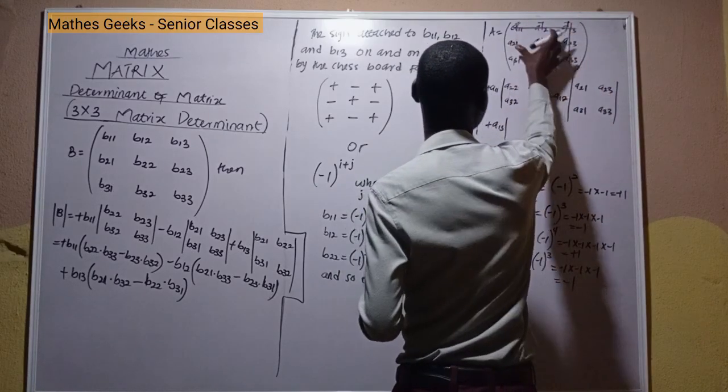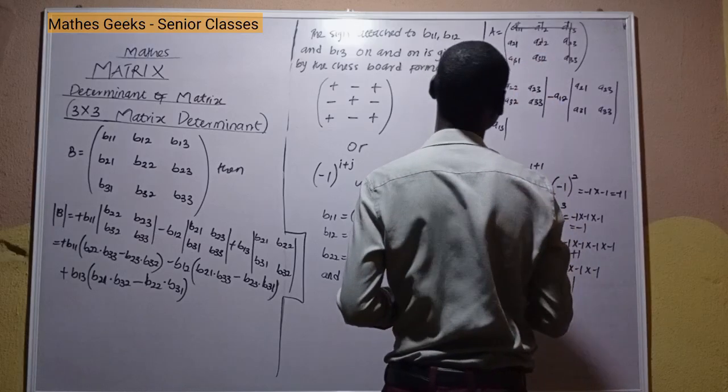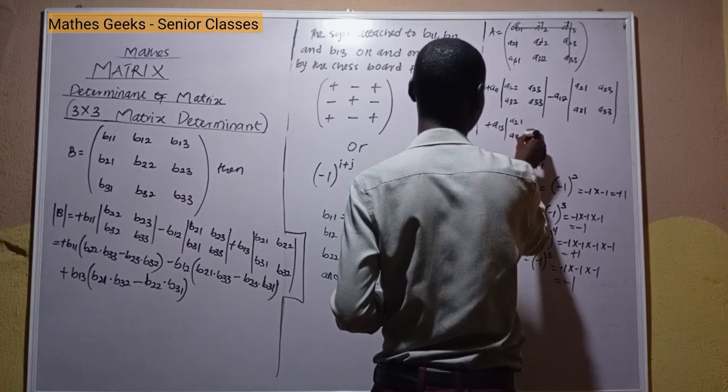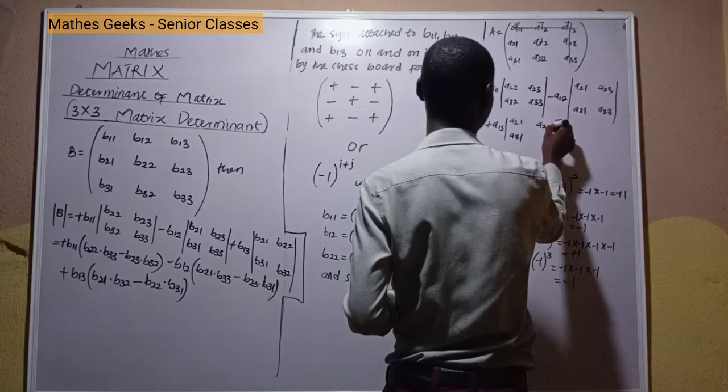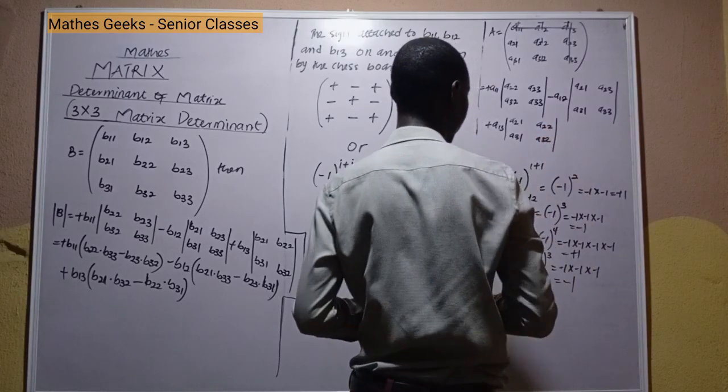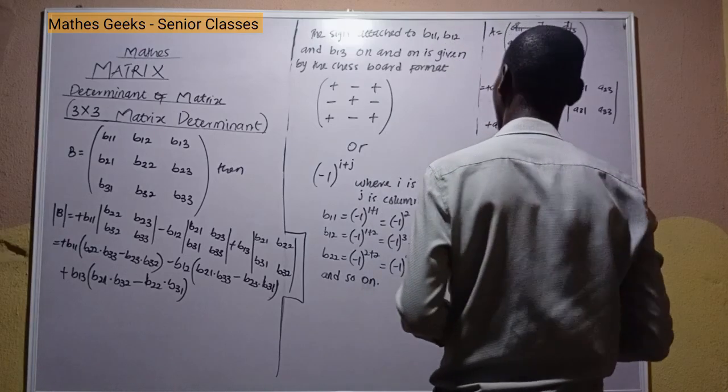So these 4 entries are left, and you pick them: A21, A31, A22, A32.